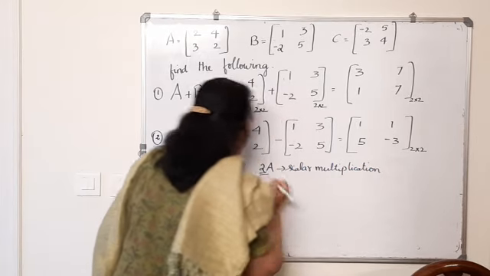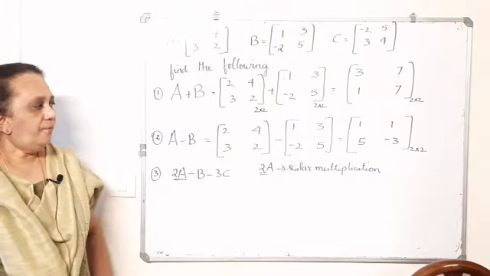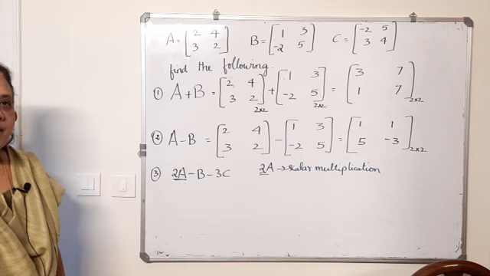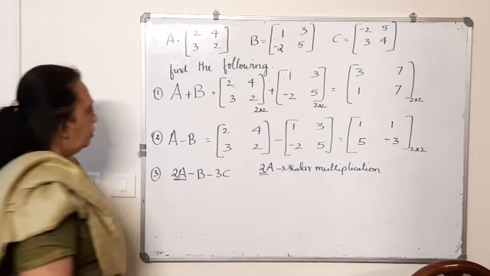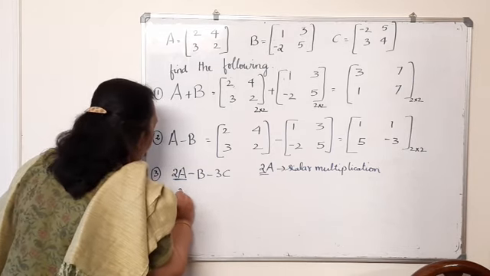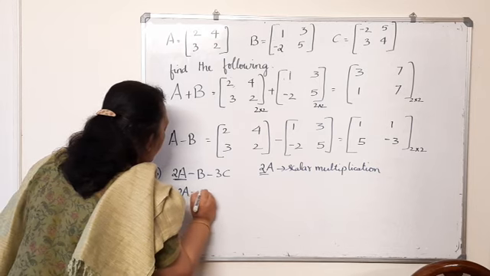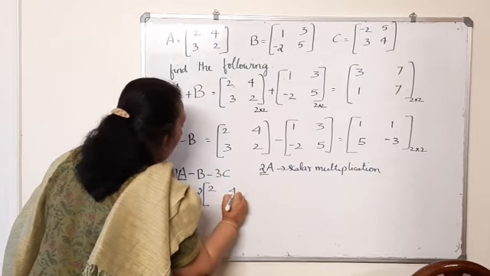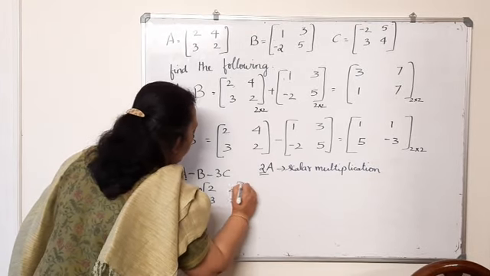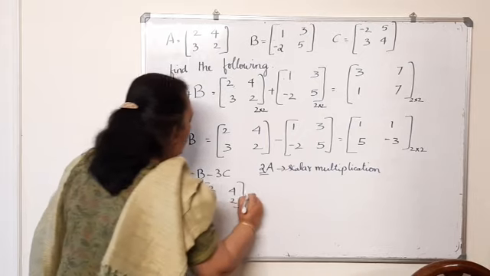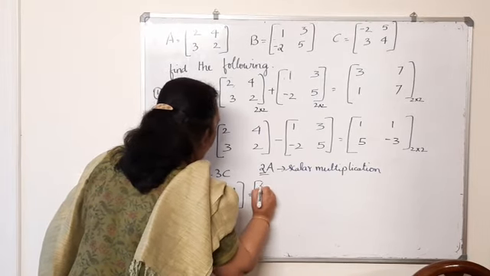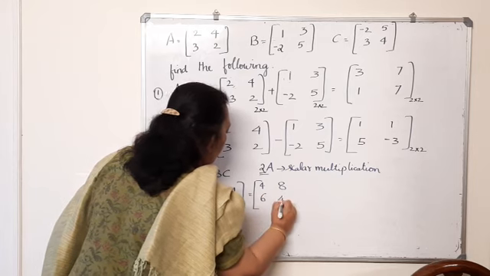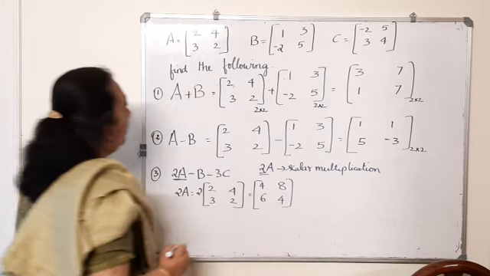The scalar quantity is 2. Each element of A is multiplied by the scalar quantity 2. So 2A is equal to 2 into [2, 4; 3, 2]. Every element: 2 2s are 4, 2 4s are 8, 2 3s are 6, 2 2s are 4. This is 2A.